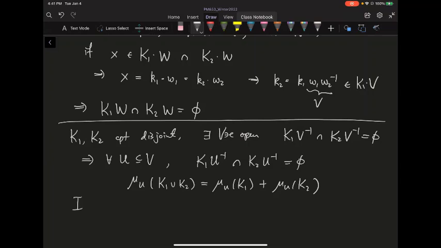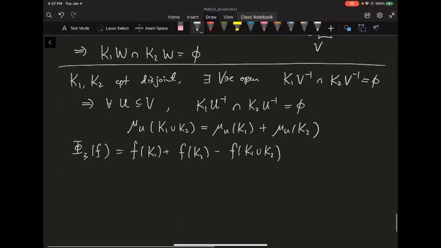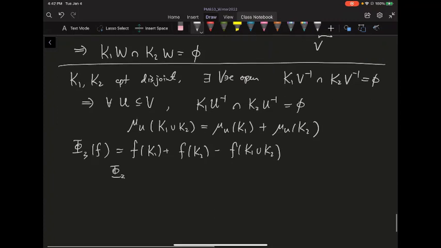In other words, if you consider mu3 of f, basically the same as phi 2 technically, if you define it as your function evaluated at K1 plus f of K2 minus f of K1 union K2, then what you see is that phi 3 of f, if you evaluate at C of V, where V is this particular V, not all of them, but a small enough one, then you get something that's equal to 0.